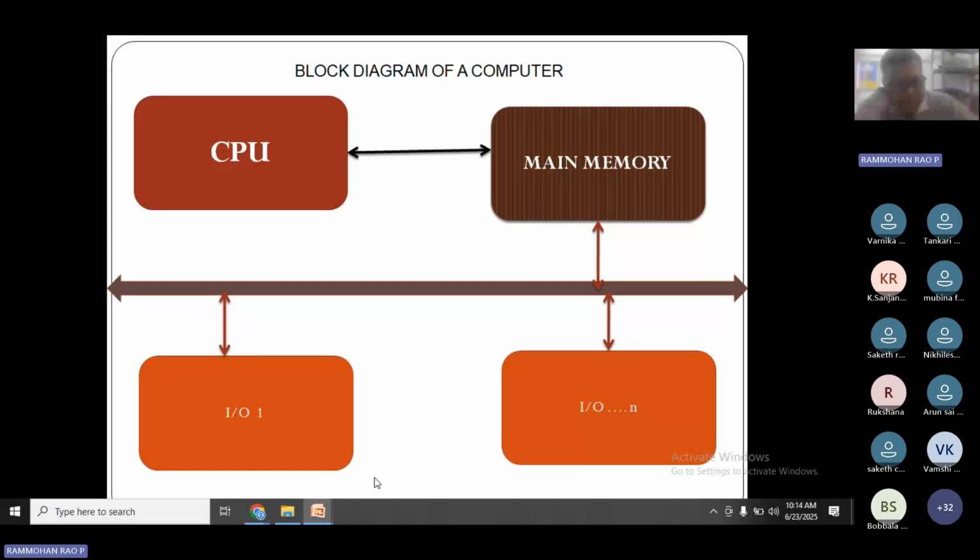Charles Babbage is the person who developed the computer. So a computer is developed, it's not invented. Charles Babbage developed what is called the first computer, but it was a mechanical device. It was not a pure electronic device.